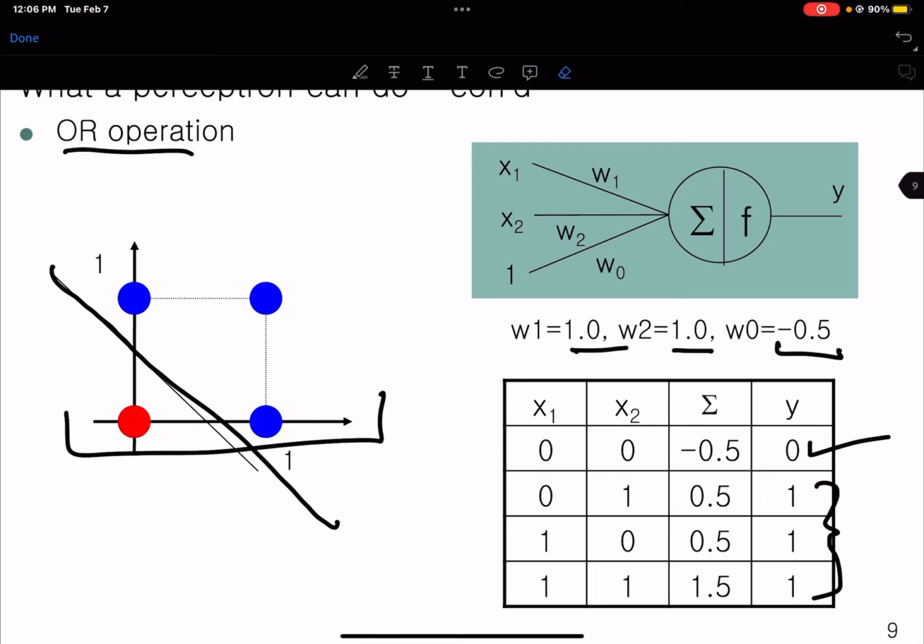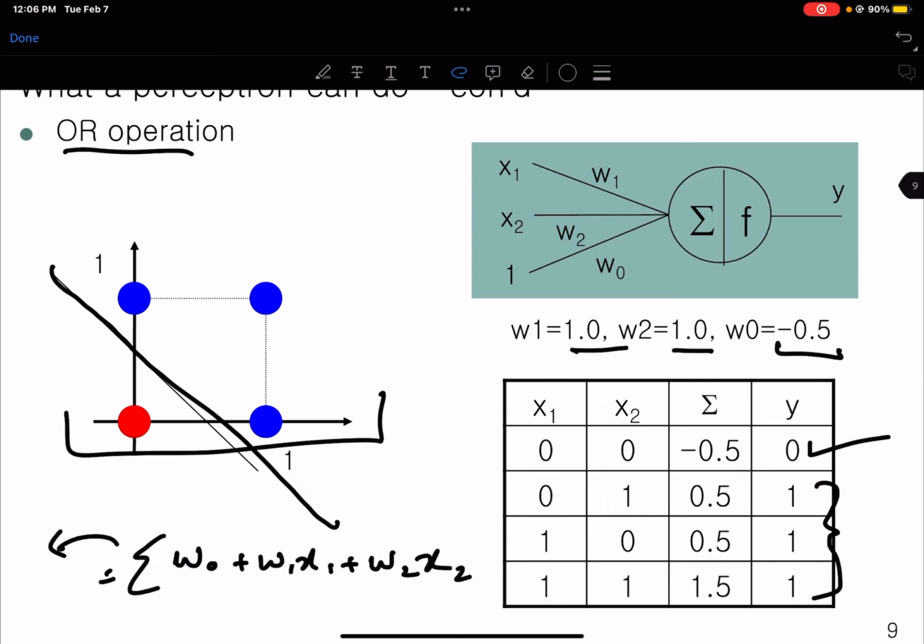I will rewrite, sorry. So we do the sum and then put the value into the classifier function f, and check for these values or class.